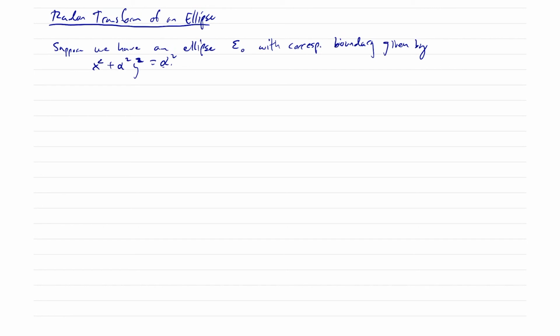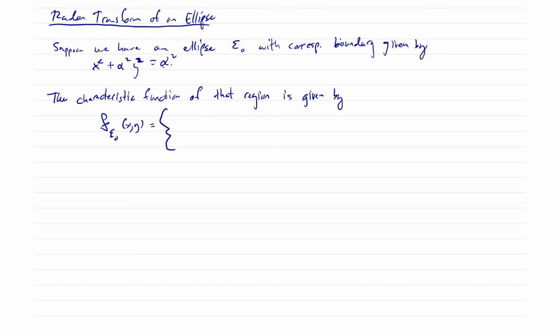The characteristic function of that region is given by f of epsilon naught at xy equal to 1 for x squared plus alpha squared y squared less than or equal to alpha squared, and 0 otherwise.